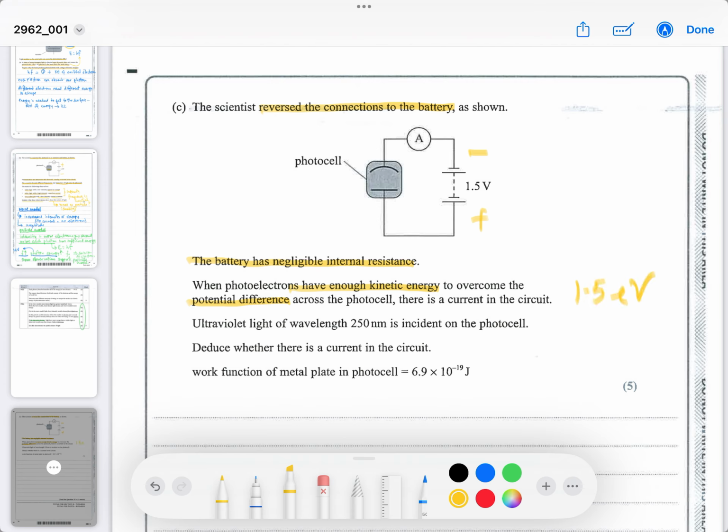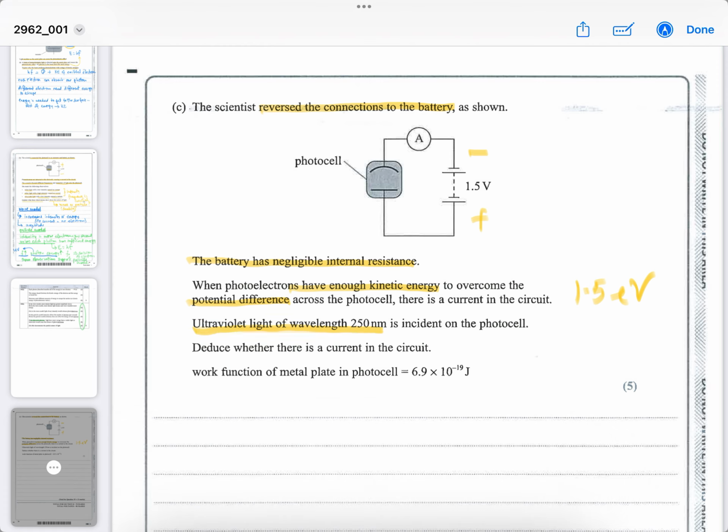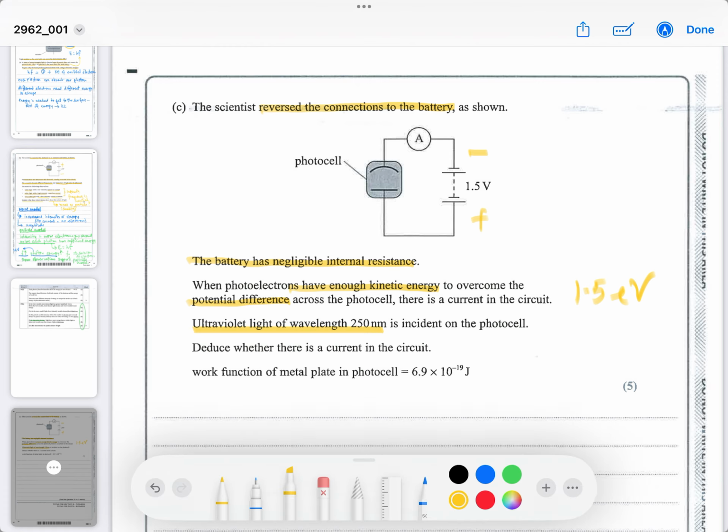Remember, 1.5 volts on electrons is 1.5 electron volts of energy. And if the ultraviolet has a wavelength of 250 nanometers, remember that's 250 times 10 to the minus 9, then you can work out whether there is a current in the circuit, and they've given you the work function, which is equal to phi.